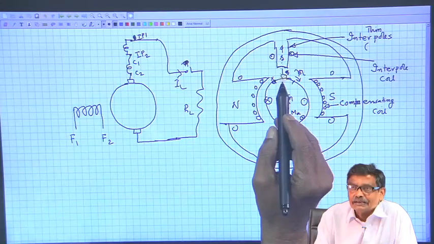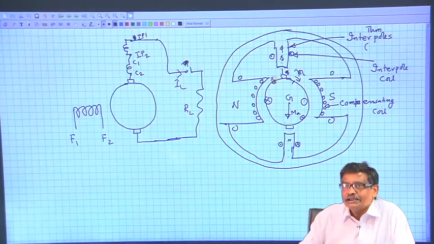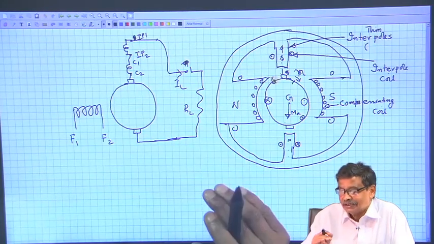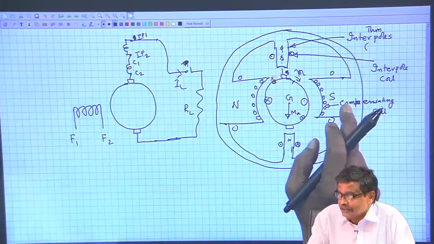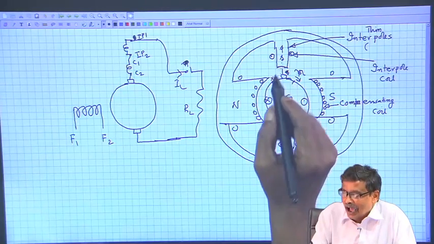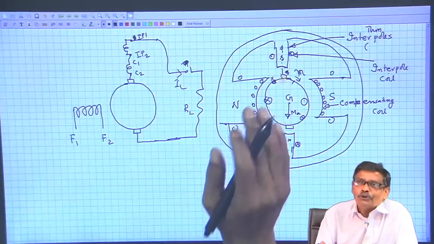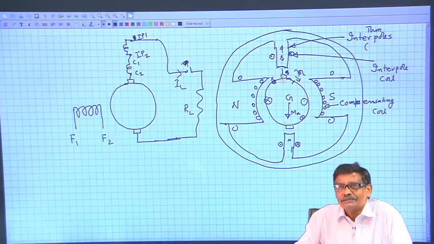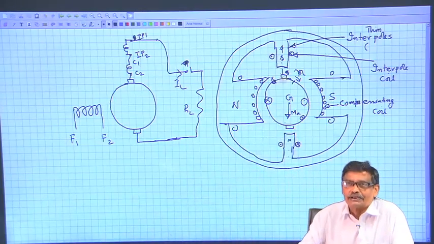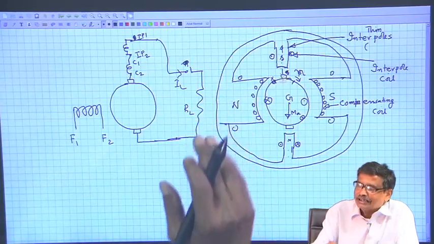Then it reaches here, it carries cross current, but I have already started educating the conductors that look here, you are going to face a sudden south pole. So, I will rather start training it that you start experiencing a south pole from now onwards, so that it will improve commutation. It will be accelerated commutation. It will be very helpful to the conductor. It has to suddenly see a south pole, so you start in advance.